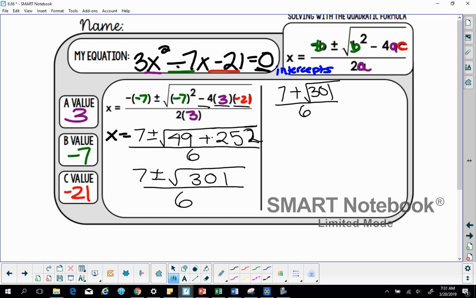I want it as a decimal. What button on my calculator is going to get it to me as a decimal? The 2 arrows. And what do you end up getting when you click that?